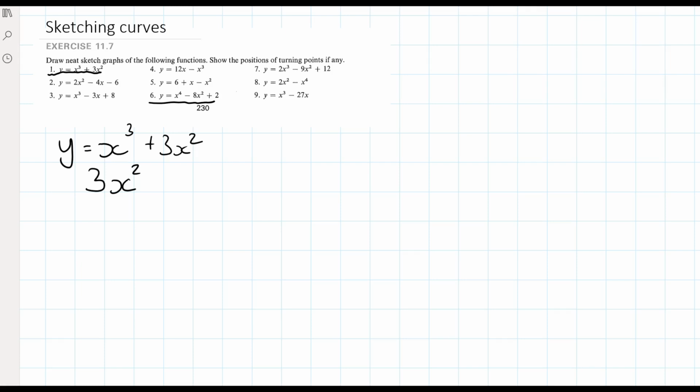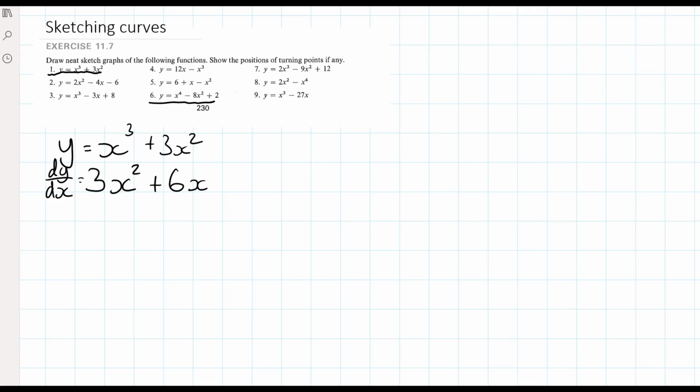That's 3x squared. Then I add 2 times 3, so 6, x, and the 2 goes down to 1, and we don't bother writing the 1. So I've just got 6x. So that's my dy/dx, or the derivative of y.